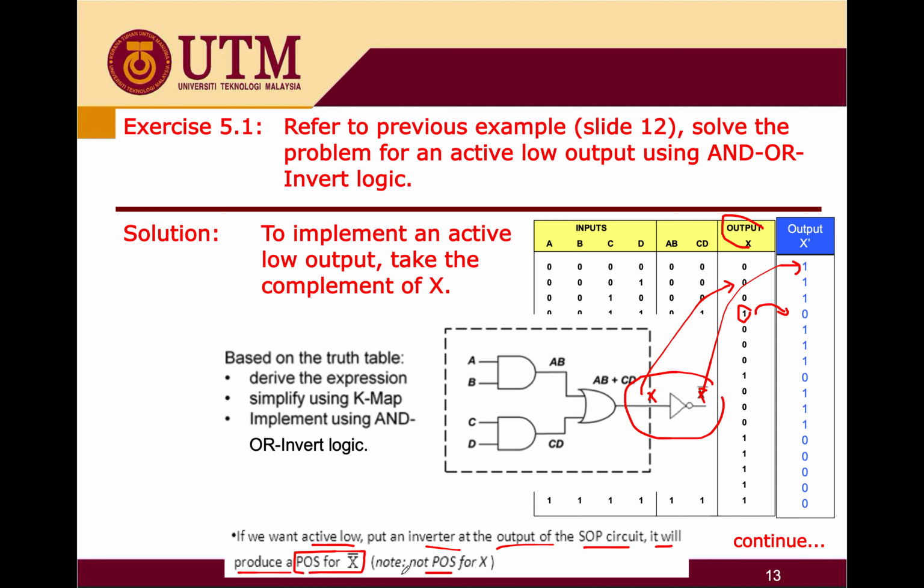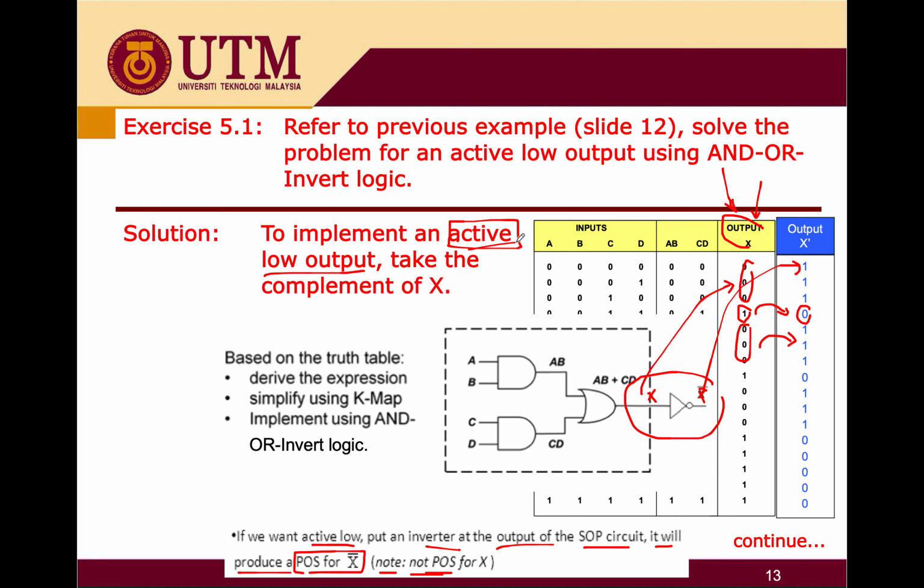You need to see that it is not POS for X. So don't take the 0s over here for your POS, but you need to pick the 0s from your X bar to get the active low input. This is the meaning of active low input. Normally for POS, you directly use this one in your module 4, right?